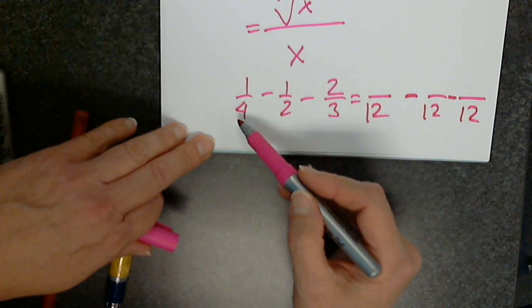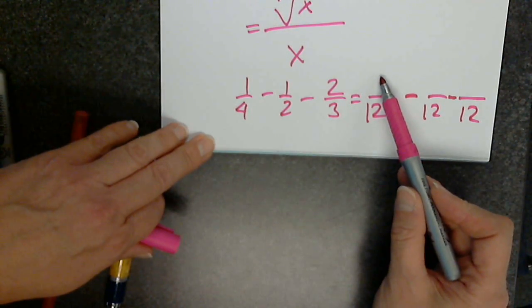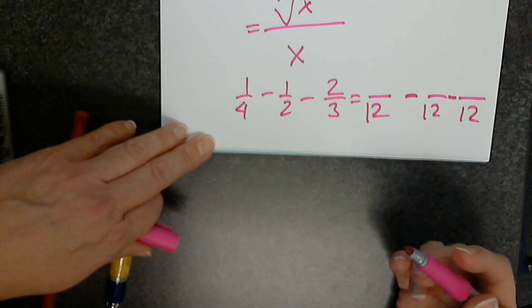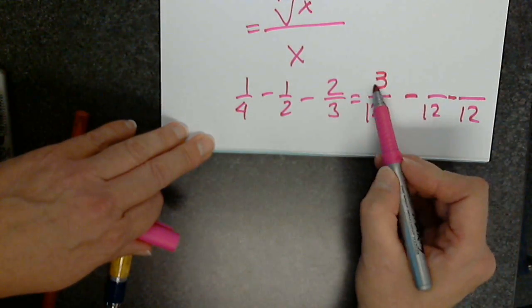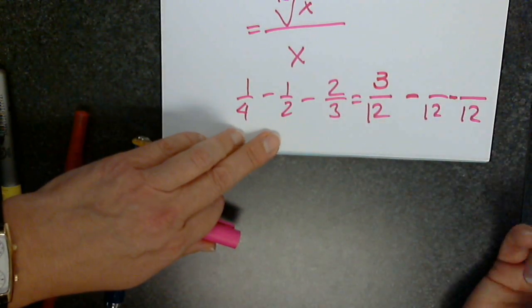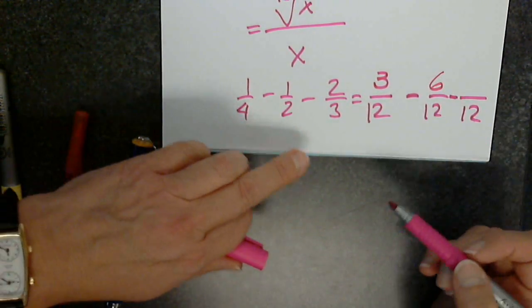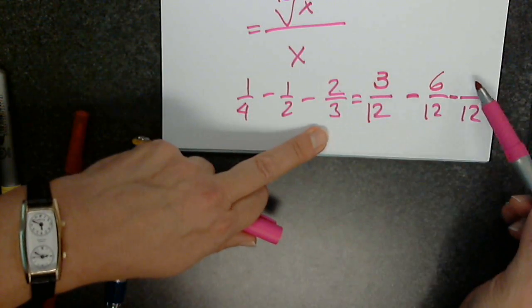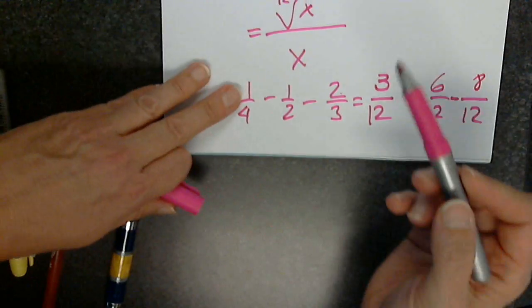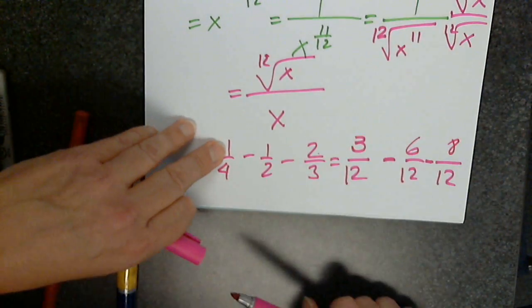What do I change 1 over 4 into? What over 12 will be 1 over 4? How do I change 1 over 2 into something over 12? How do I change 2 over 3 into something over 12? 3 minus 6 minus 8.